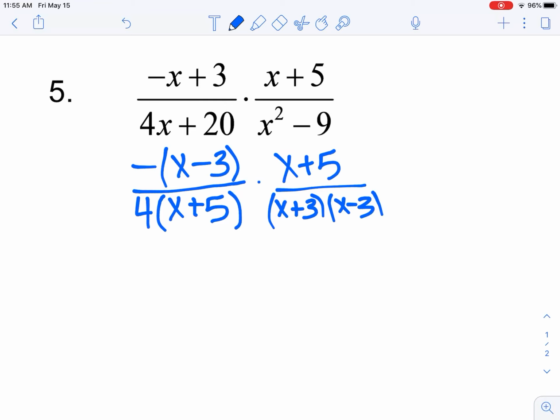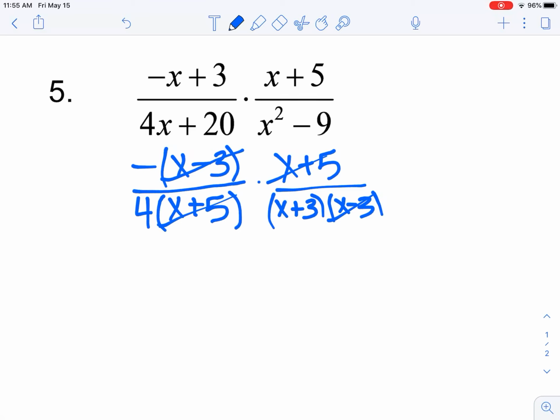Now that we have factored, you can see that we can start canceling some things out. So we've got x minus 3 in the top and the bottom, so those can cancel. And then we've also got x plus 5 in both the numerator and denominator, so those cancel as well.